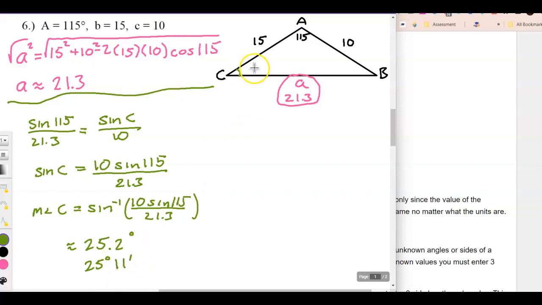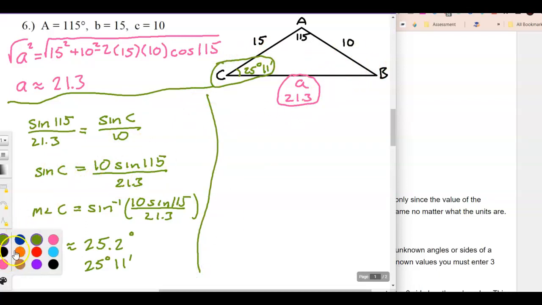Okay, so we have 25 degrees, 11 minutes for C. And then I just need to find the measure of angle B, and I'm going to do that just by subtracting from 180. That's the fastest possible way.